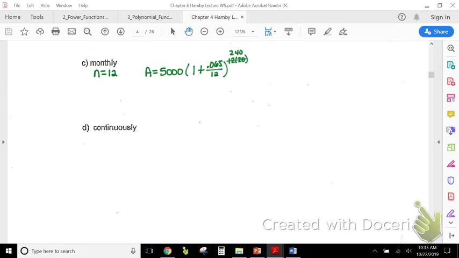Again, we're compounding it more frequently, so I do expect it to go up, but again, I don't expect it to go up a whole lot. So what did we get? $18,282.32.